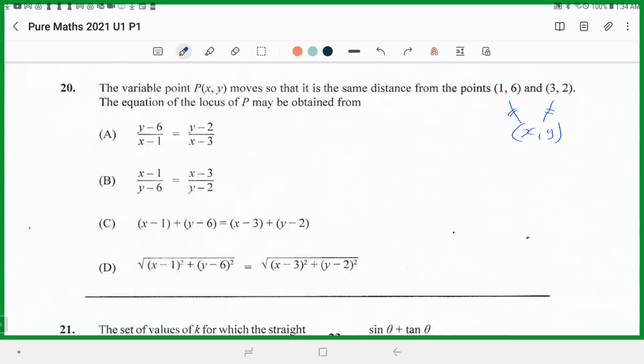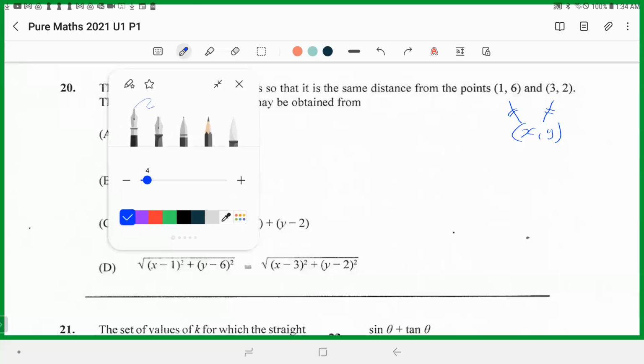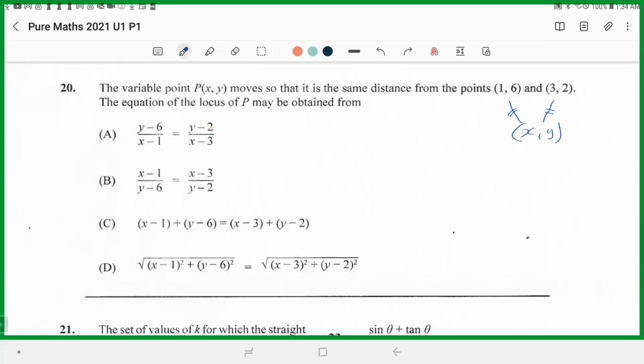The square root business, it becomes the square root. Let's call this distance, that's our reference, D1. Let me call that one D2. And we have said D1 equals D2.